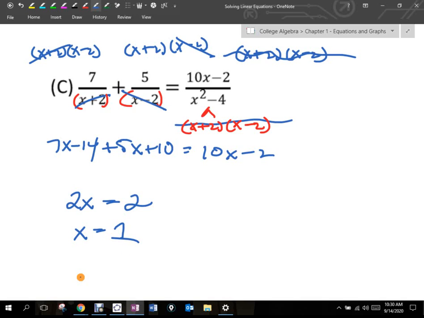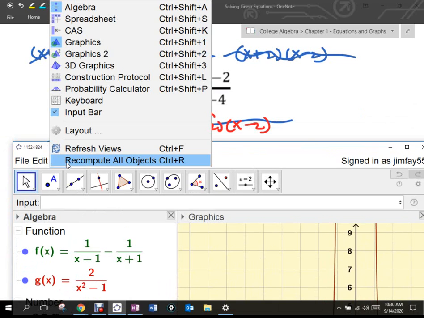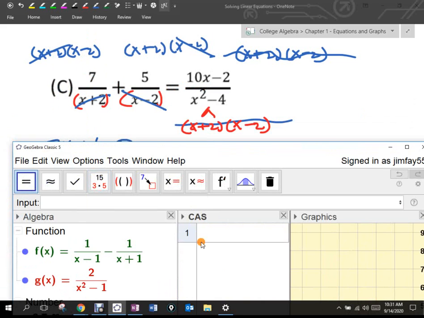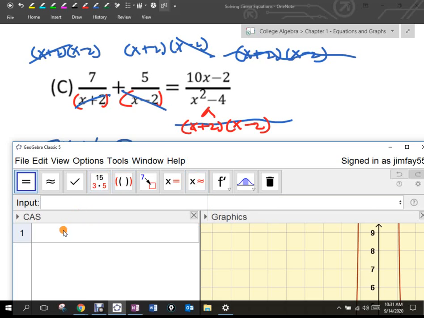Okay. Let me pause here real quick and see if we can get GeoGebra to cheat a little bit for us. We can do this by hand, but it's just going to be more time consuming.